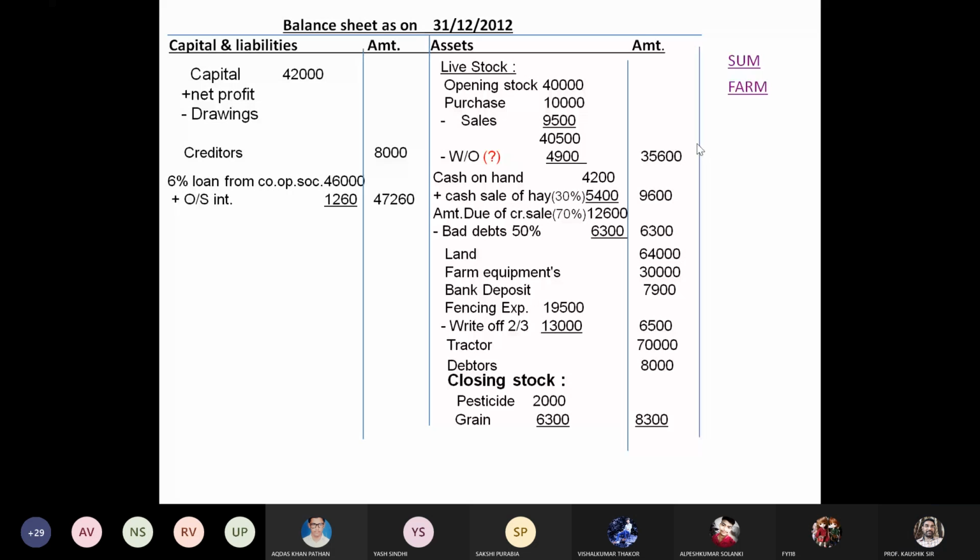Okay? Write the closing stock in the balance sheet. Yes or no? Pesticide 2000, grain 6300, total closing stock, outer column 8300. Okay?